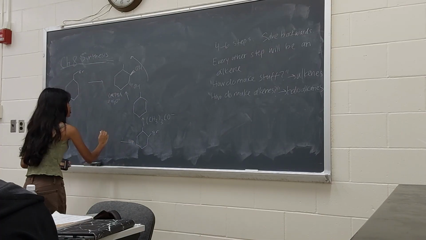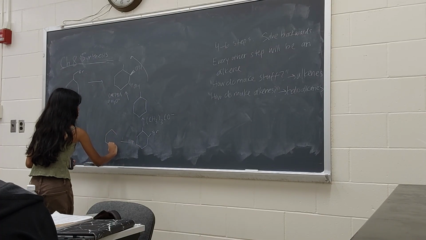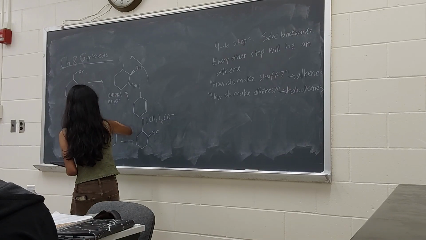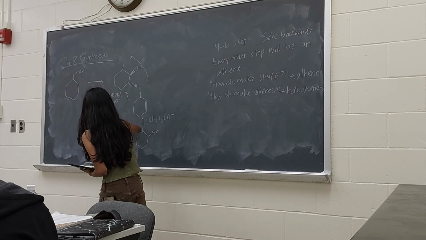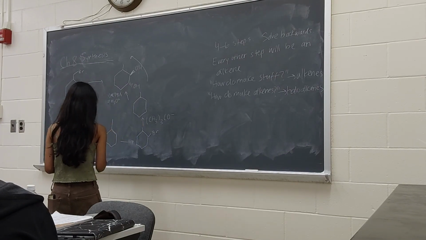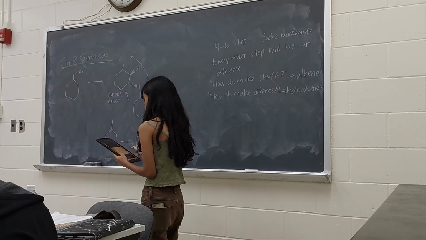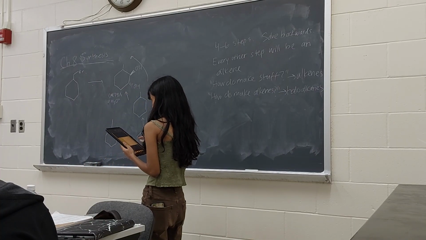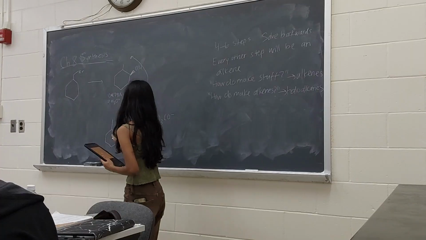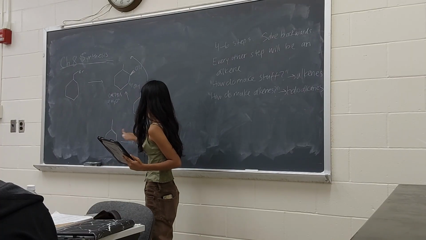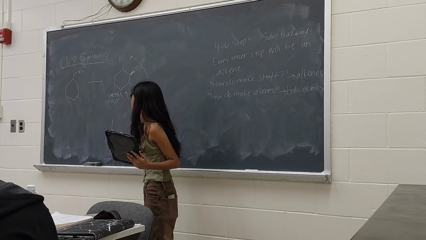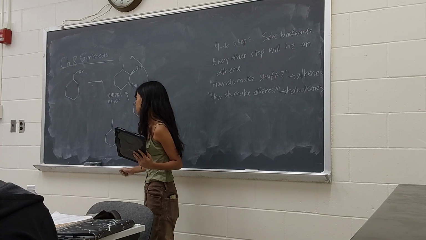How do we make stuff? Alkenes. Again, we're moving in this direction, so I'm going to add the alkene here this time. And then this alkene to add a Br: did we add it Markovnikov or anti-Markovnikov?